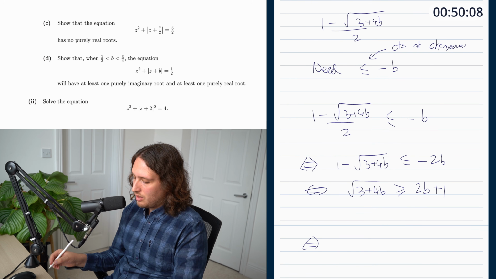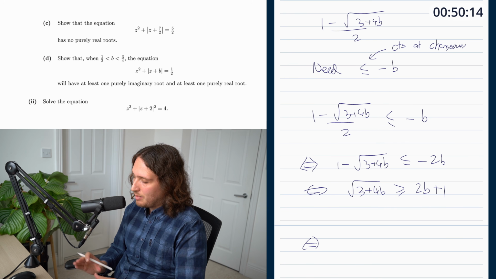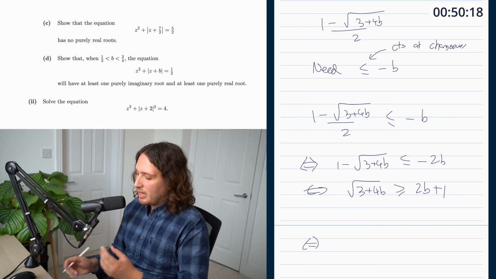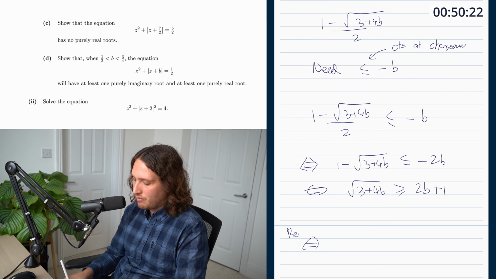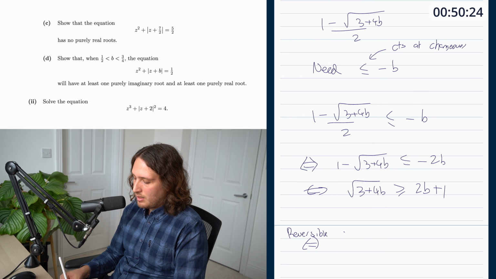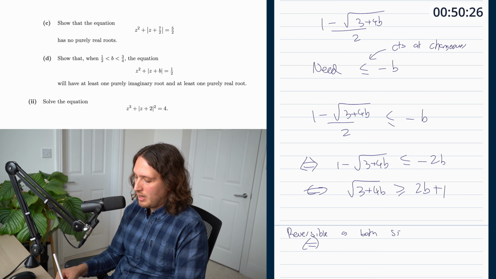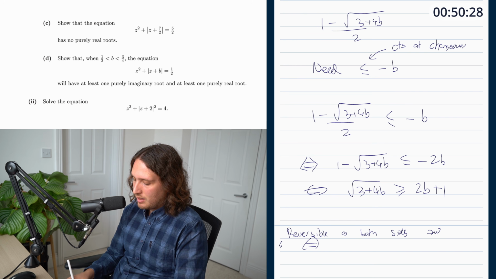That's equivalent to, well, squaring's a bit dodgy, because if I go the other way, in principle, I'm going to get moduluses, but I know that both sides are positive, so I could drop the moduluses. So this is reversible as both sides are positive.